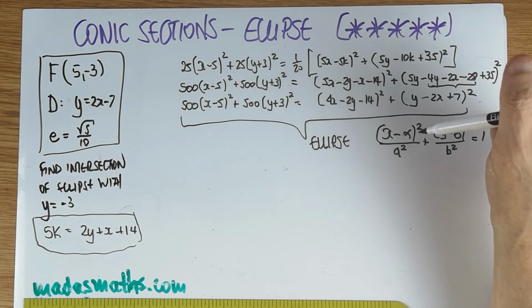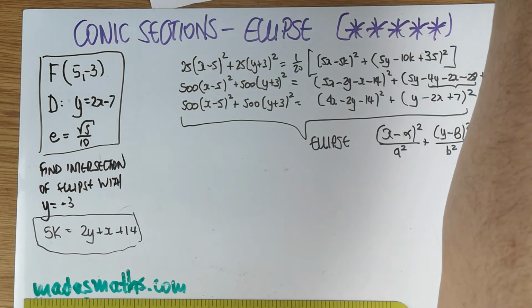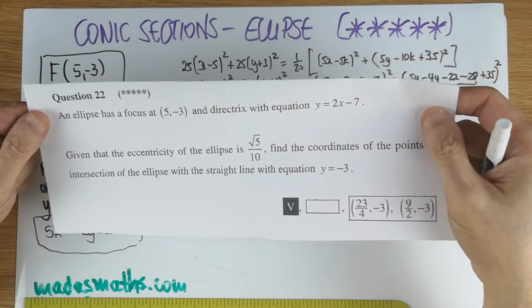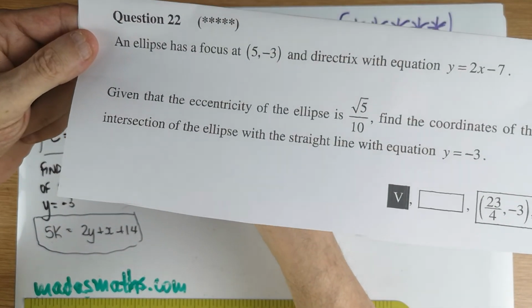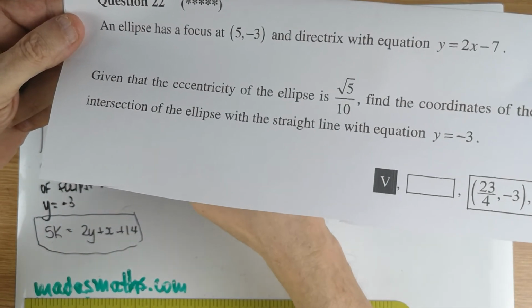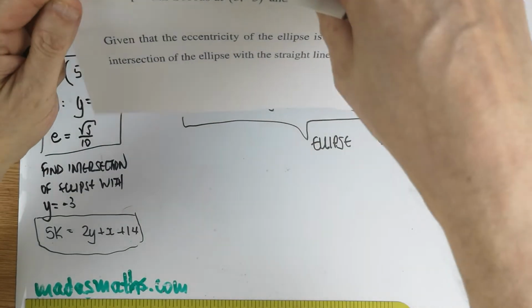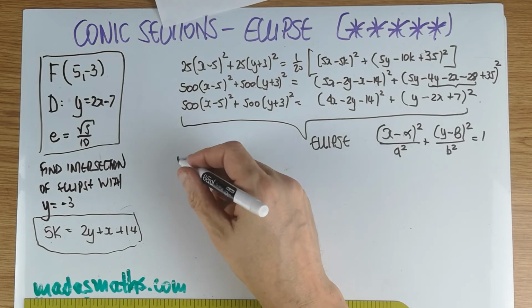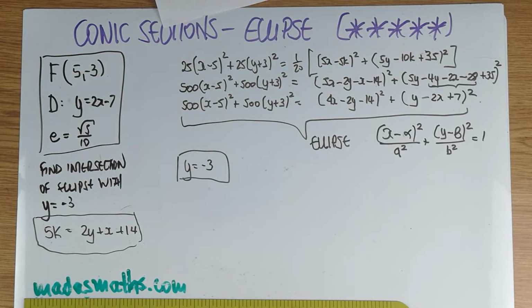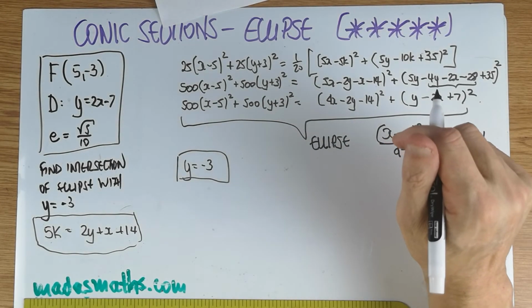If you look at what the question is actually asking, we're not interested in finding the equation of the ellipse. It says find the intersection of the ellipse with the line y is equal to minus 3. So all I want now is the x coordinates.